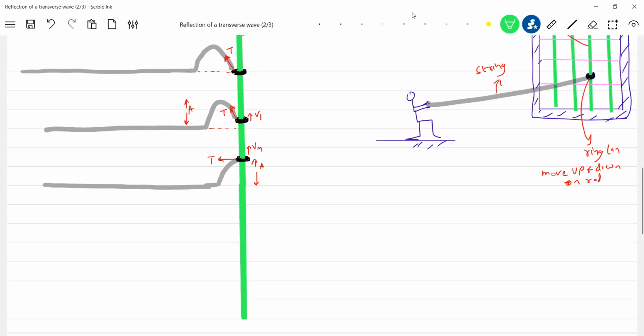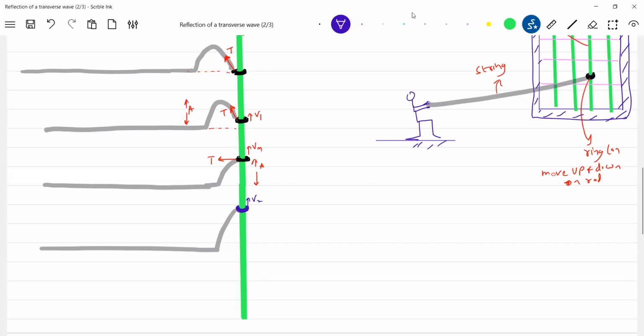In the next sequence, the ring, where the displacement is, will have velocity, say v2.